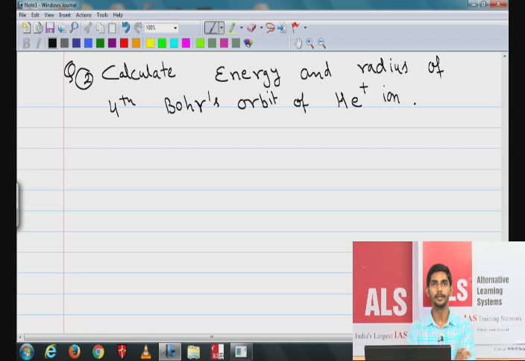Okay, Itanagar, the next turn is yours. How many students are there at the Itanagar Center? Give me a quick count. Itanagar, I am asking about the number of students at your center.